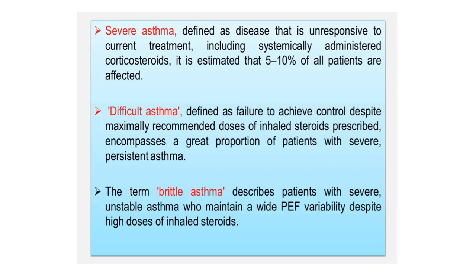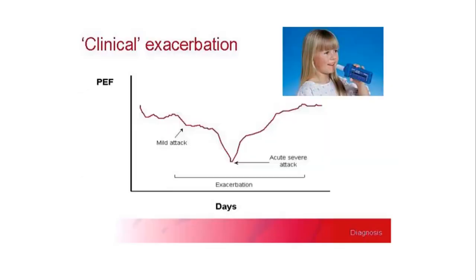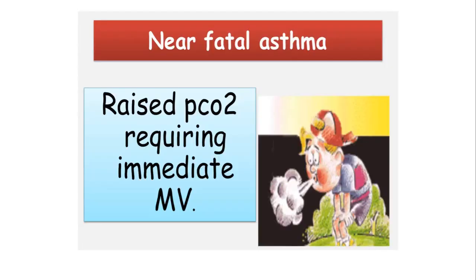Brittle asthma is described patient with severe unstable asthma who maintain a wide peak expiratory flow variability. يعني بيكون العيان تمام الصبح بعد ساعة ساعتين بيخش في attacks of severe asthma والpeak expiratory flow very variable. هنا ممكن العيان نعطيه اللي هو الجهاز هذا بنسميه peak expiratory flow وبيحدد لنا for the expected age and race and gender which giving us a diagnosis of brittle asthma.